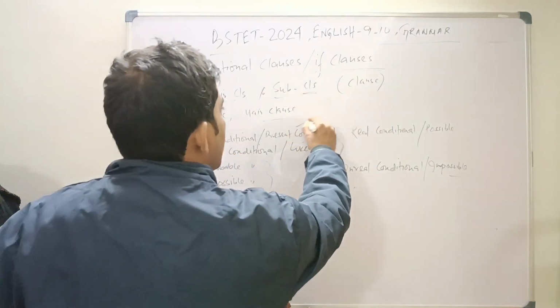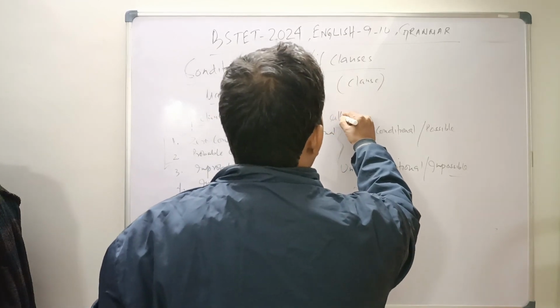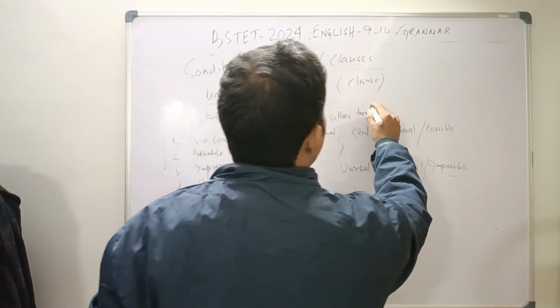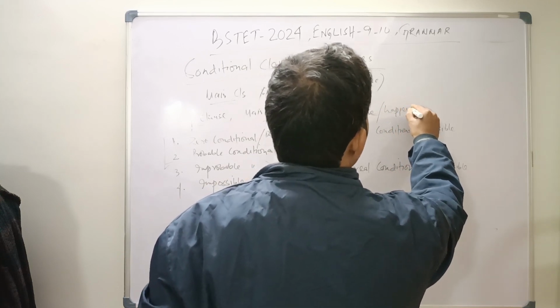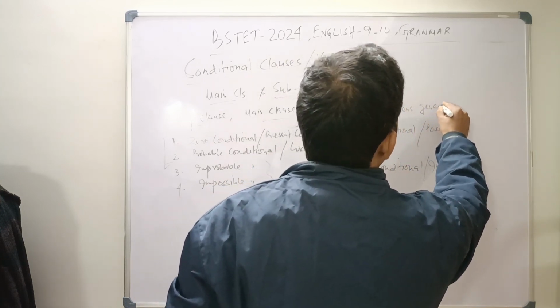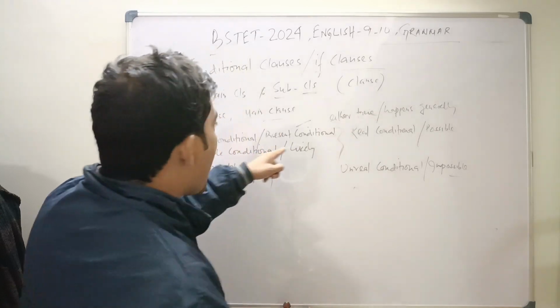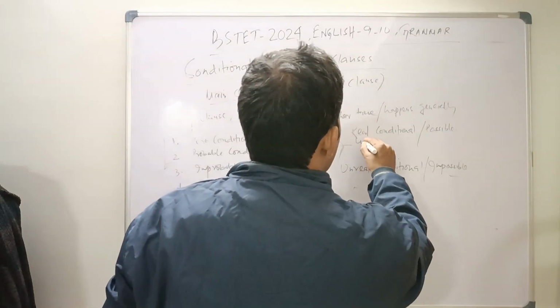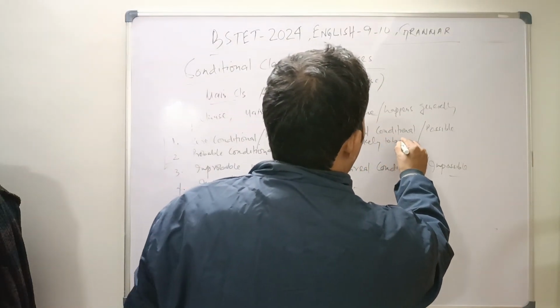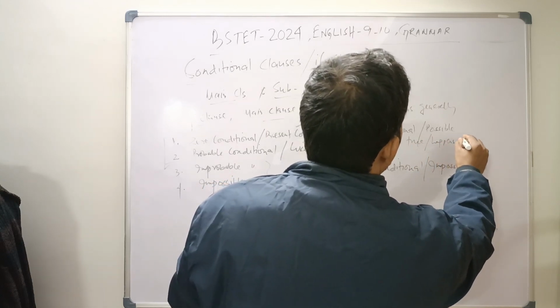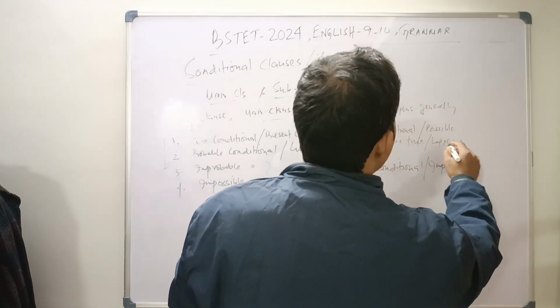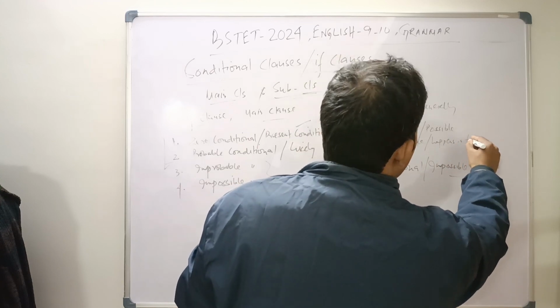Either true or generally happening is zero conditional, or likely to be true and happens in future.